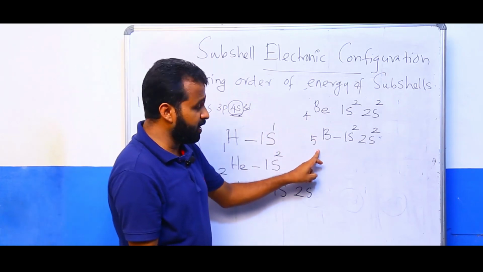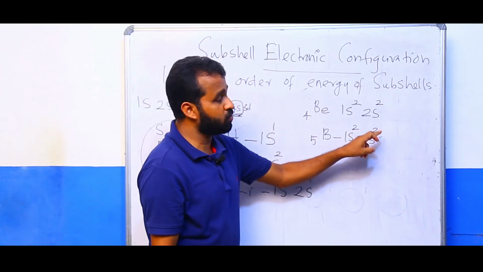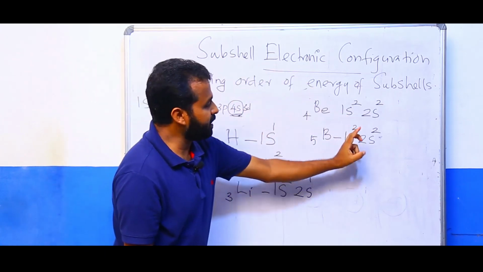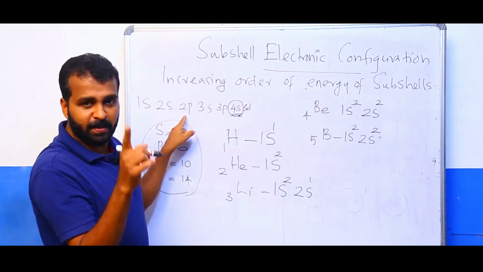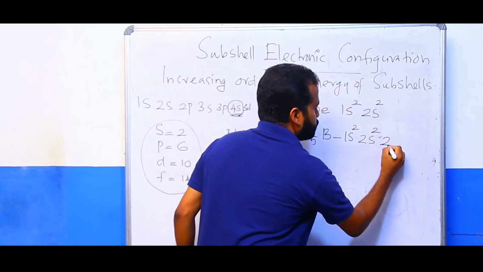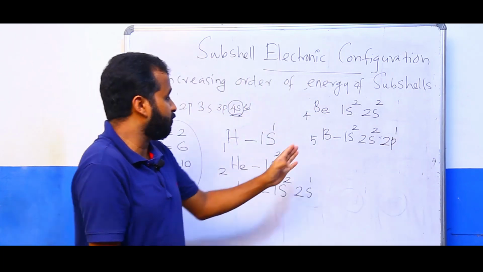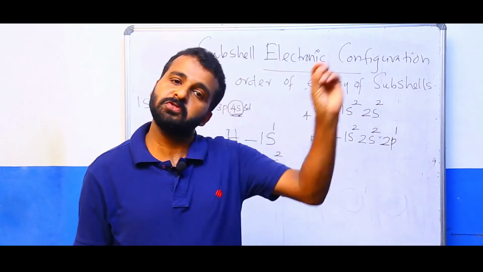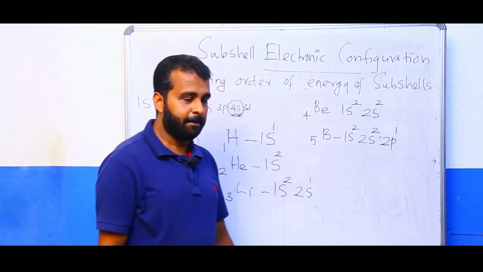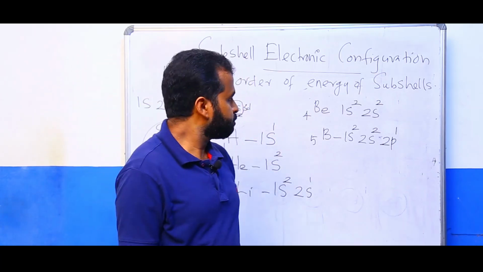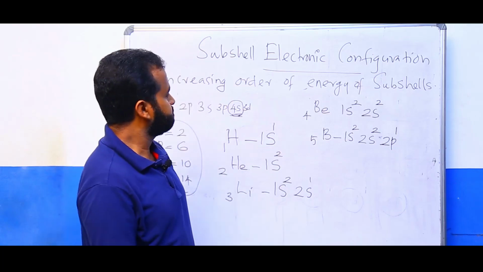Then 2 plus 2 is 4 electrons, and 1 electron remains. That 1 electron goes to the 2p subshell. 2p1. So the subshell electronic configuration of boron is 1s2, 2s2, 2p1.